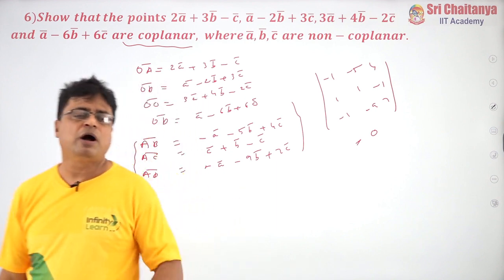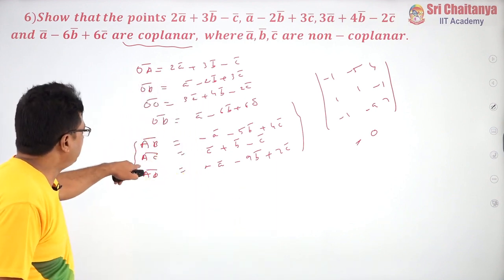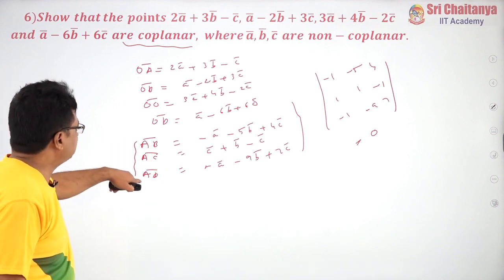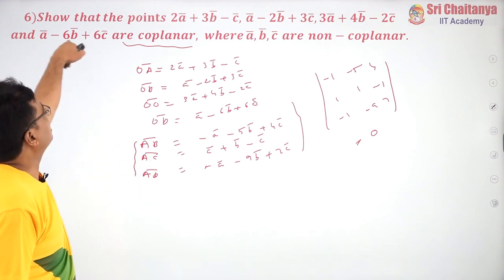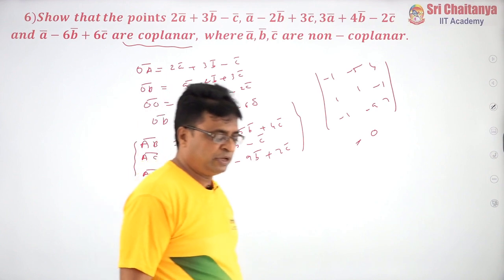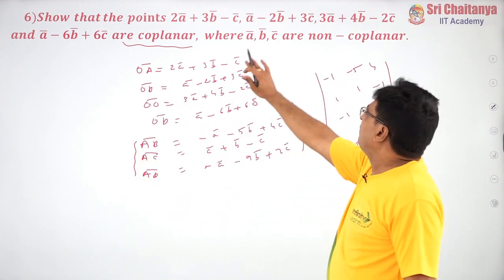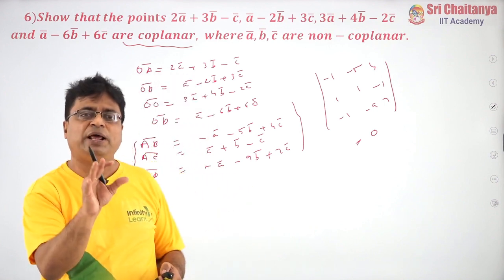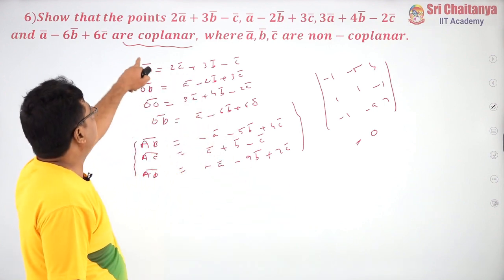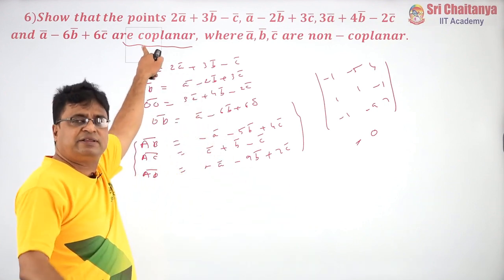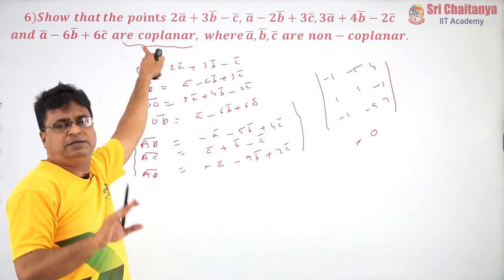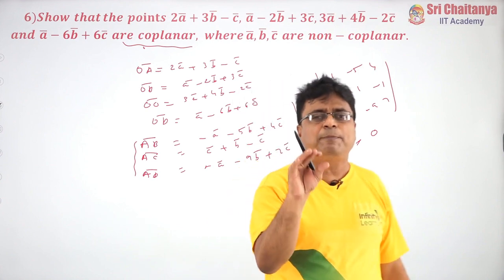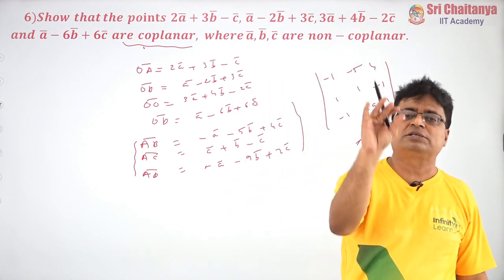Whenever it becomes 0, automatically the vectors AB bar, AC bar, AD bar are coplanar. Whenever AB bar, AC bar, AD bar are coplanar, the corresponding points are coplanar. So again, whenever 4 points are given, we need to check whether they are coplanar or not. And again, my friends, please don't ask whether they are linearly independent or dependent, because the terms linearly independent and dependent are applicable only when vectors are given.